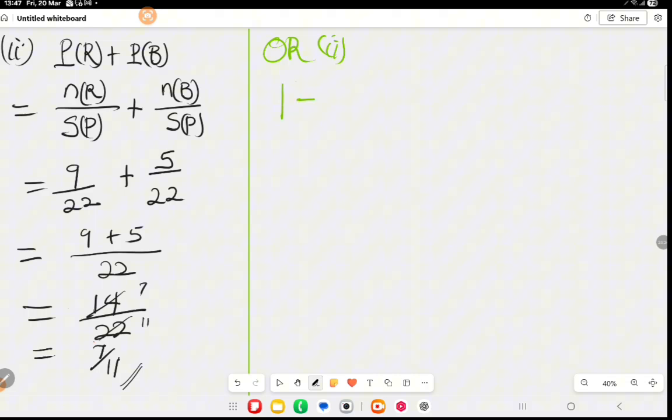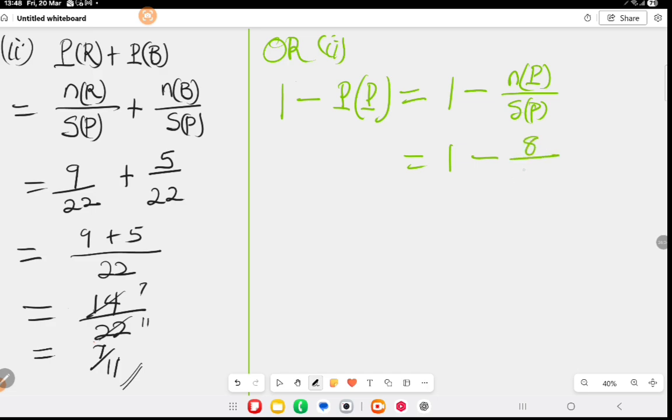Whole means the sample space, which is 1, minus the probability of pink. So the probability is equal to 1 minus the probability of John having a pink counter, which is the same thing as 1 minus the number of pink all over the sample space, which is 1 minus 8 all over 22.